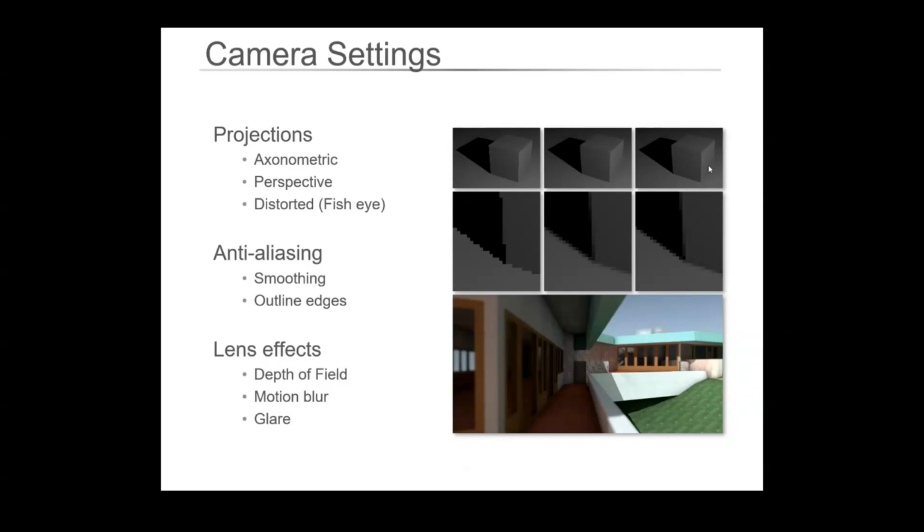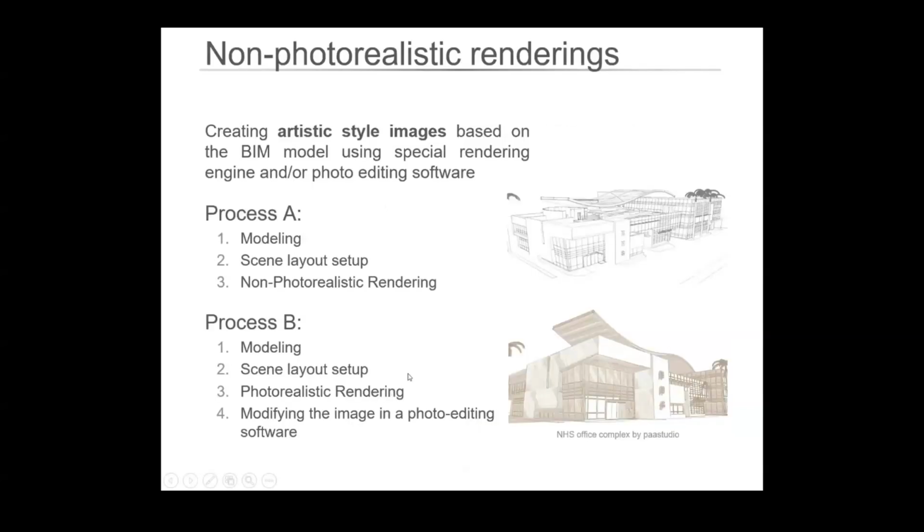So you can experiment again with how you use it. Obviously, if you're really close to something, you probably want it to be quite sharp, but if you're further away, or being a wee bit more abstract, it doesn't matter. And that affects processing time as well. So if you set your view up to be the highest quality anti-aliasing, it's going to take longer to generate the view than just basic anti-aliasing.